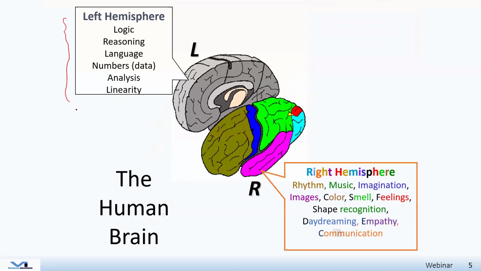But once you move to a more senior level in your career path as a project manager to become more of a senior director or such, you start depending more on the functions related to the right brain, where they have to do, as you can see here, with feelings, with empathy, communication, leadership, emotional intelligence, and such.